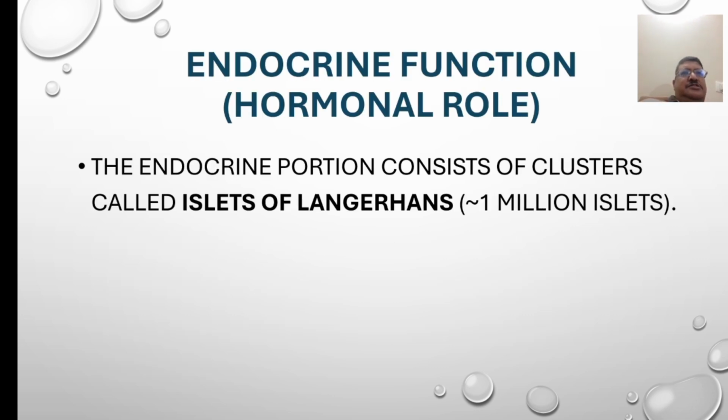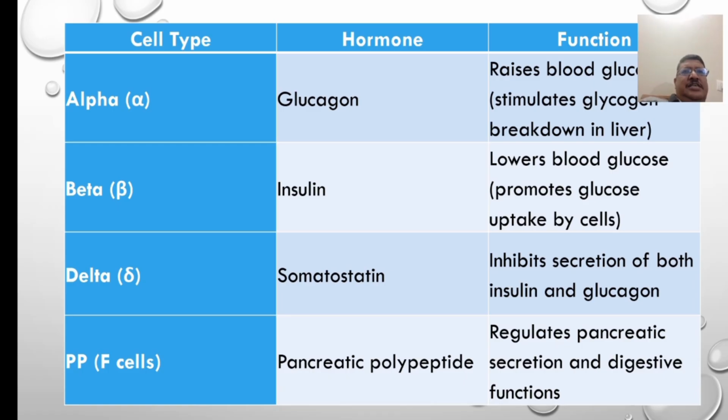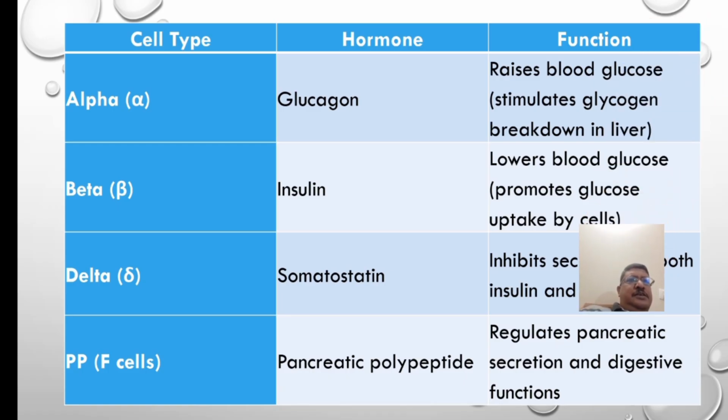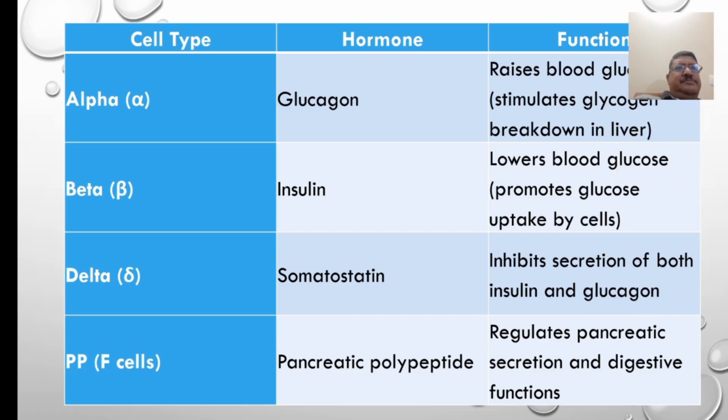Endocrine functions, hormonal roles. The endocrine portion consists of the islets of Langerhans, about 1 million islets. Alpha cells secrete glucagon, which raises blood glucose and stimulates glycogen breakdown in the liver. Beta cells secrete insulin, which lowers blood glucose and promotes glucose uptake by cells.